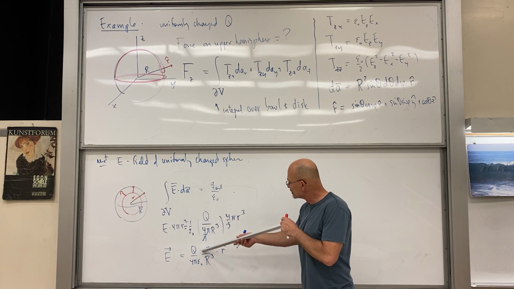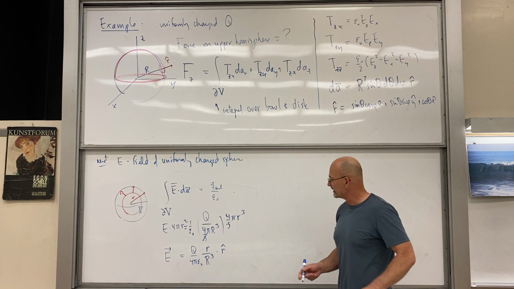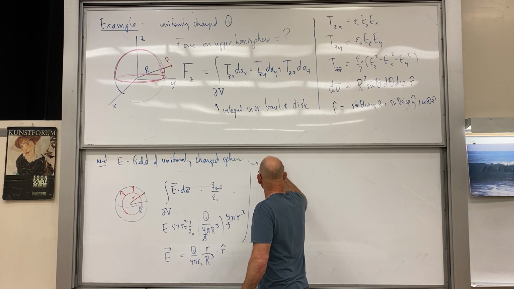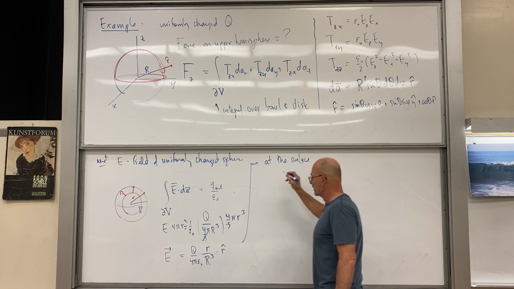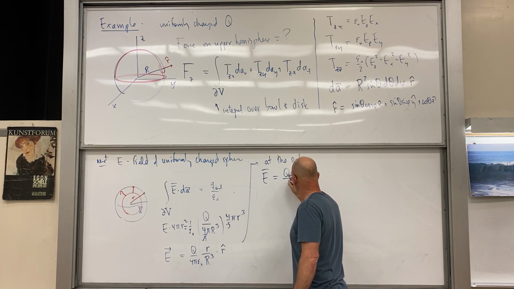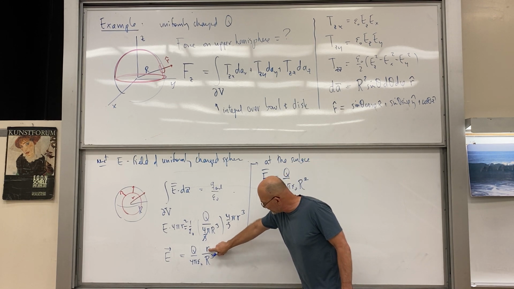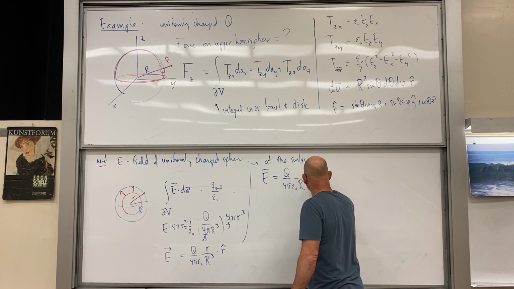At the surface, lowercase r is capital R, and I have here at the surface, this is the one we're going to use first, E is equal to Q over 4 pi epsilon naught R squared, because lowercase r equals capital R. Still times r hat.